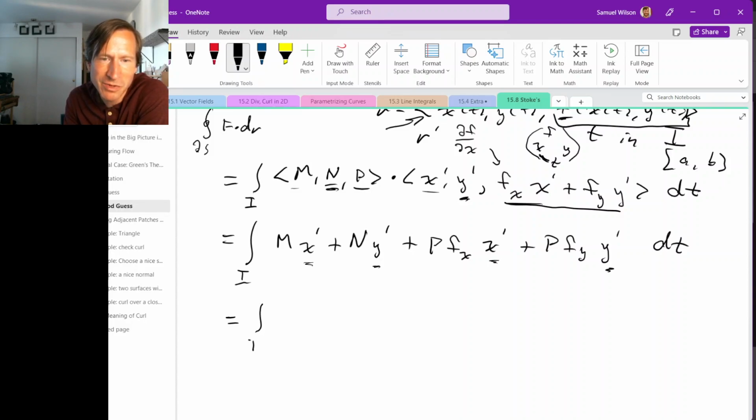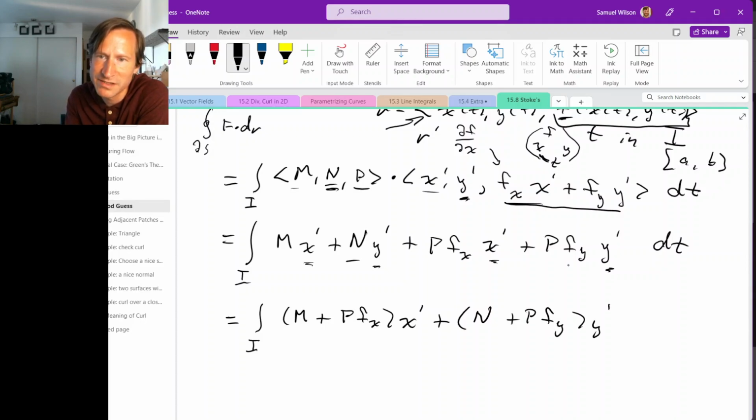So we get the integral over our interval of t values of, for x primes, an m, and from here a p times f sub x, all of that times x prime, plus n coming from here, plus p times f sub y times y prime, all dt.